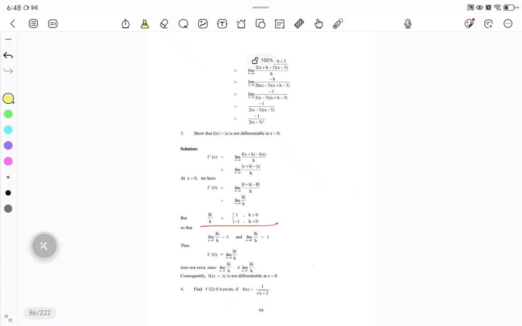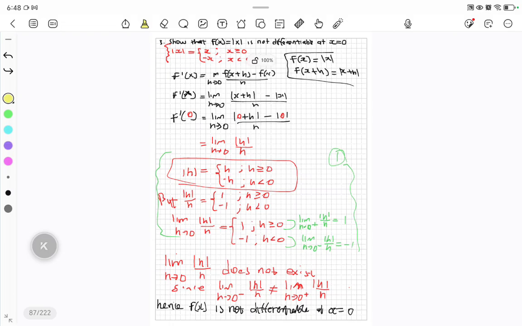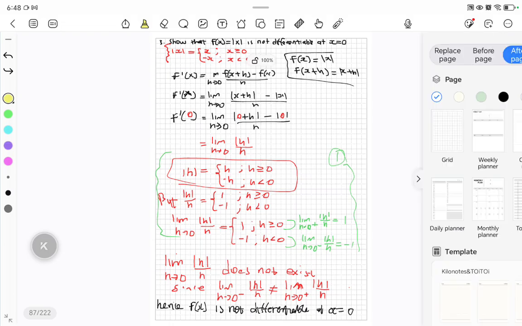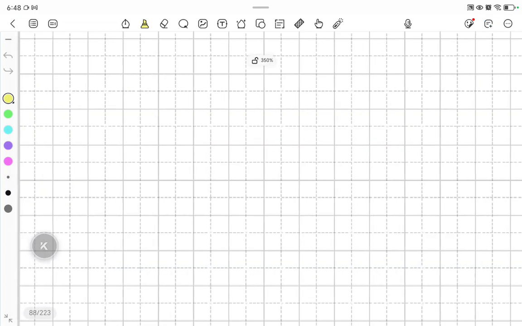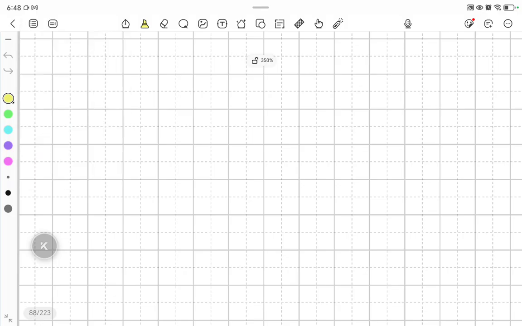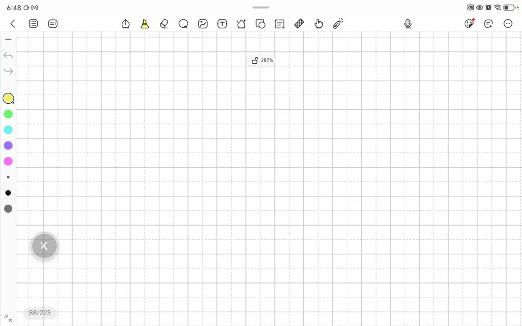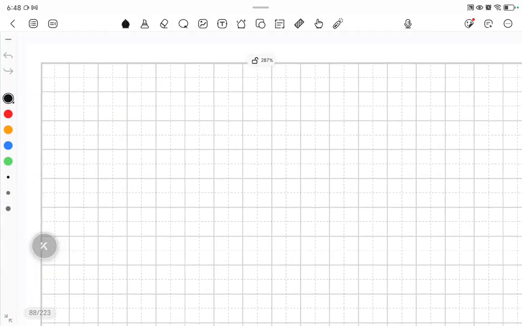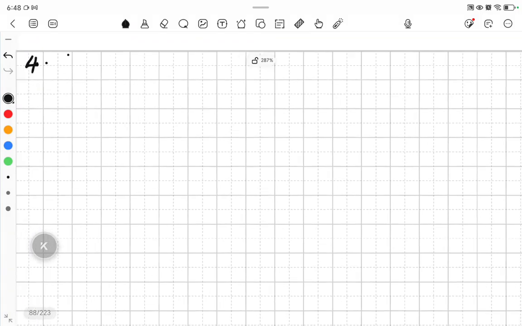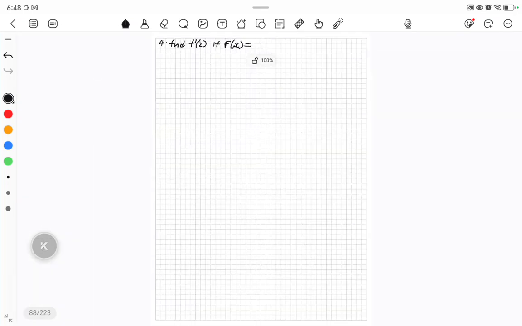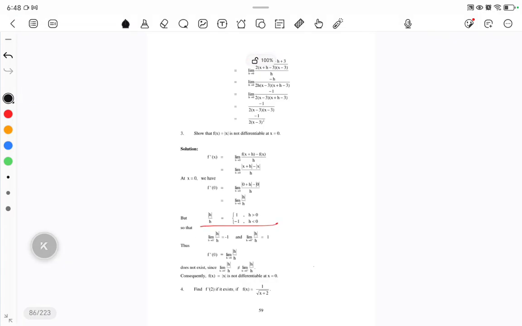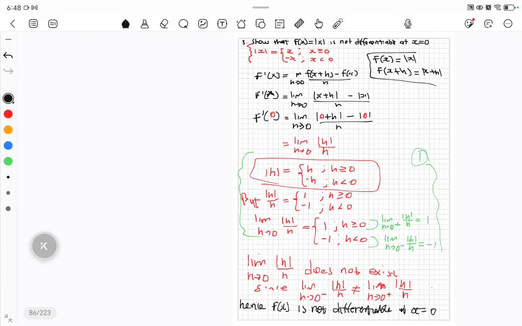So let's look at number 4. We should find f prime of 2 if f of x equals 1 over root of x plus 2.